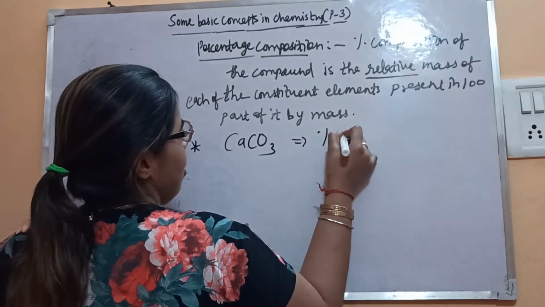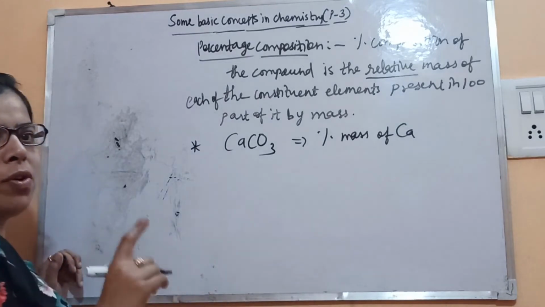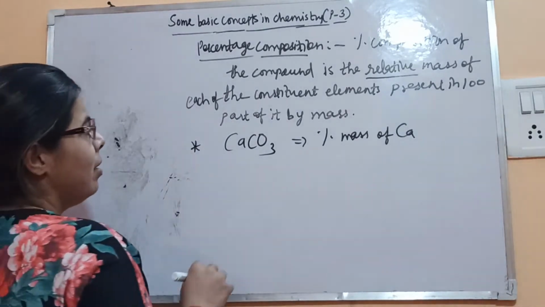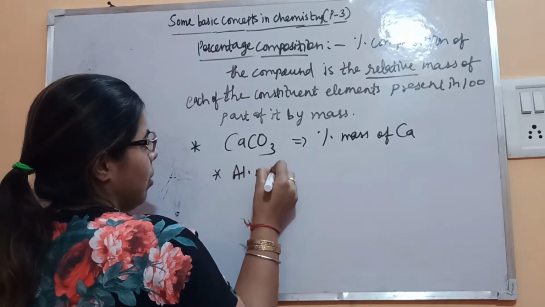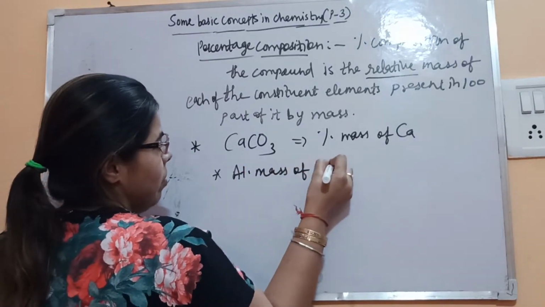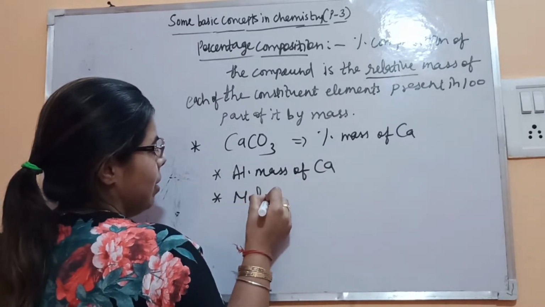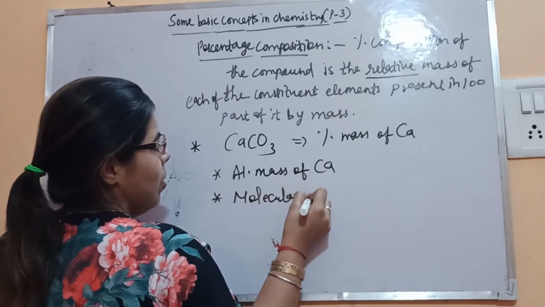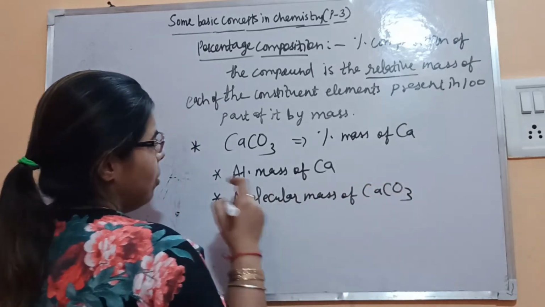So you have to calculate the percentage mass. What's your question? Calculate the percentage mass of calcium. For that what is required? You require the atomic mass of calcium, then the molar mass or molecular mass of the whole compound, calcium carbonate. So what is the formula?